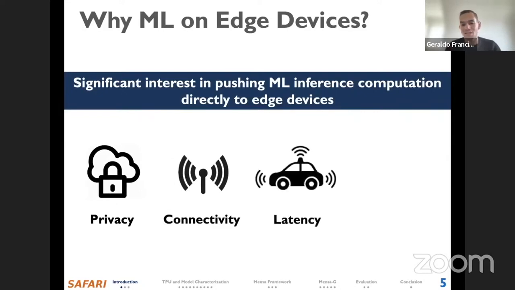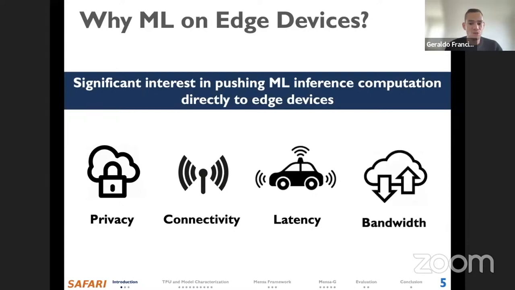The third one, it enables much faster latencies because you don't need to go through the internet connection to the cloud. And so it reduces that particular communication latency, which is key for many tasks, as for example, for an autonomous car that has a really timely deadline for the model to respond to.